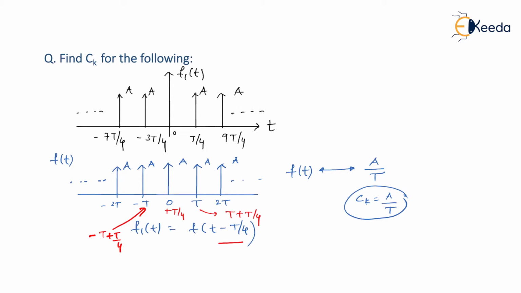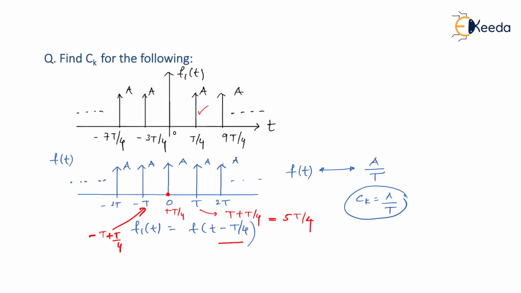Now let us see. The sample which was present at t equal to 0 will get shifted to T by 4. Do we have a sample at T by 4? Yes, we have it. Now over here, when we add T plus T by 4, it becomes 5T by 4.